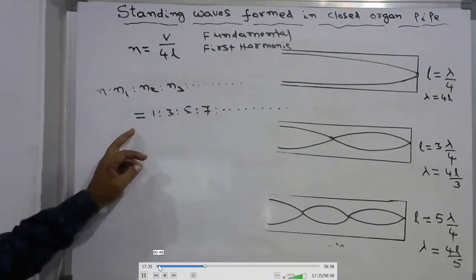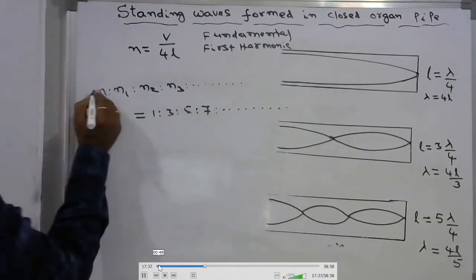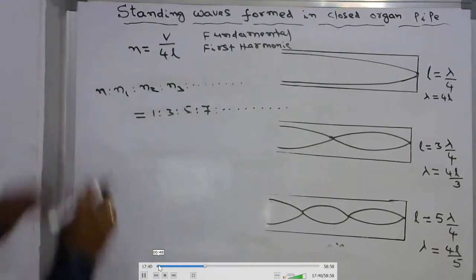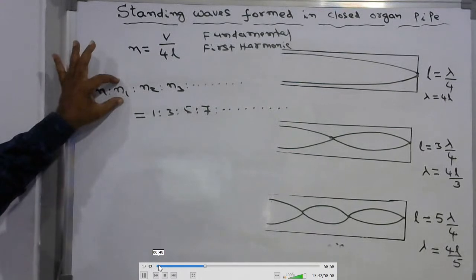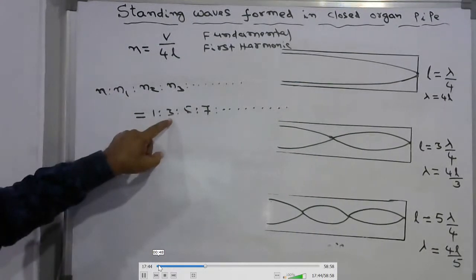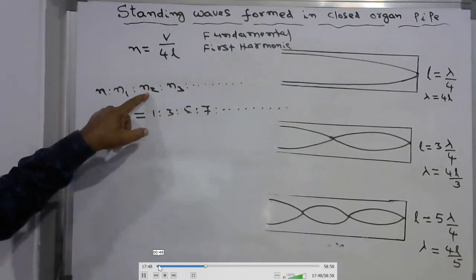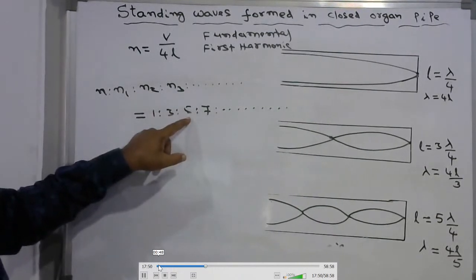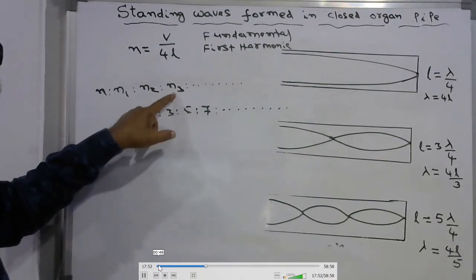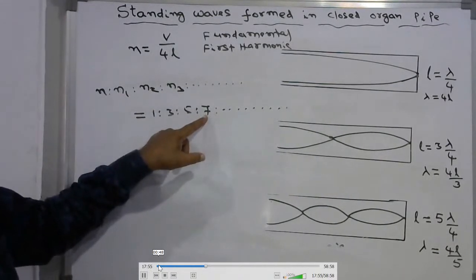So this is the first fundamental frequency, and this is the first overtone or third harmonic, and this is the second overtone or fifth harmonic, and this is the third overtone or seventh harmonic.